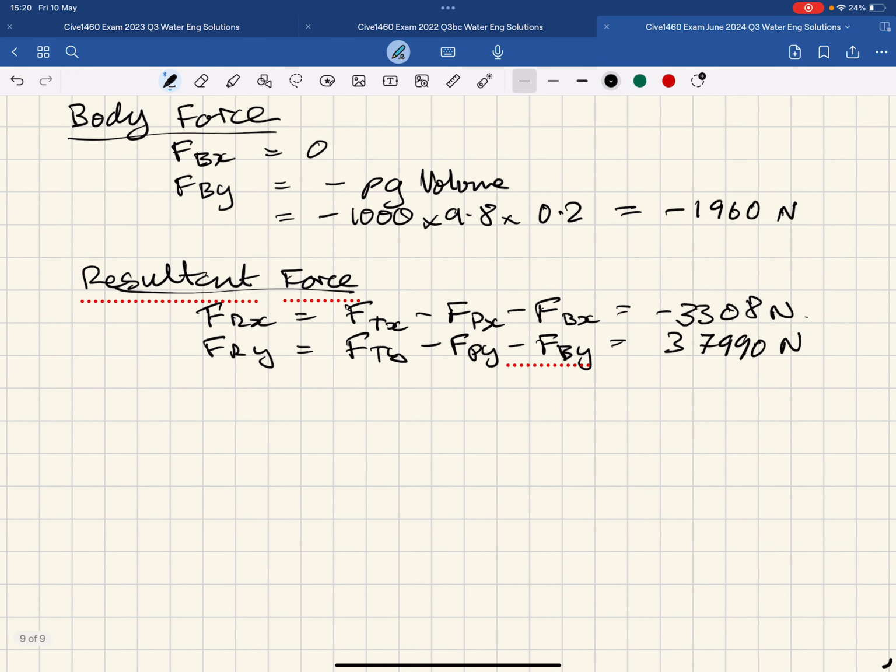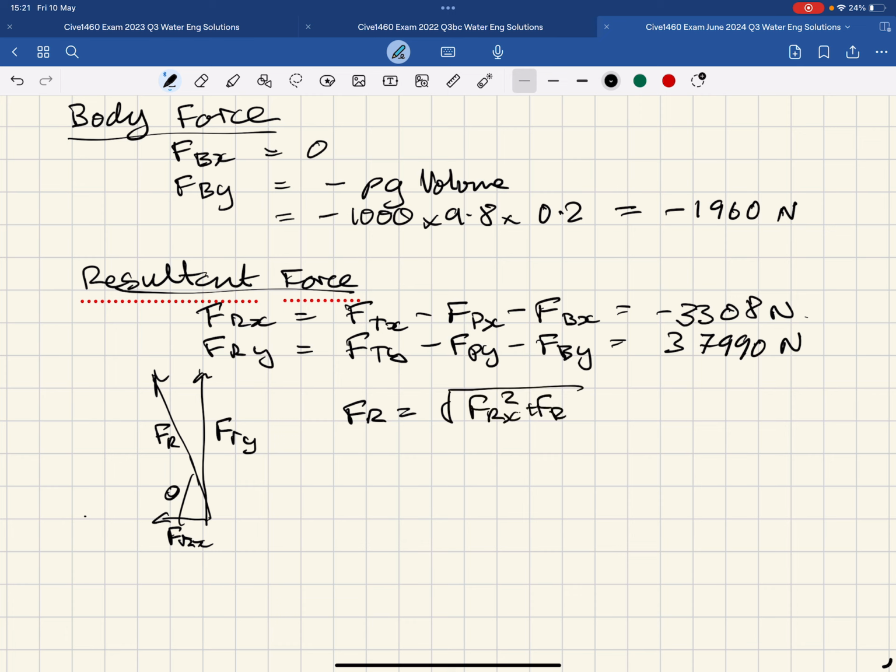We could draw our vector diagram here. In the x direction we've got negative, and in the y direction, well, considerably larger. Let's get this looking about similar size. So our resultant force, Fry, Frx, Fr is in that direction. If we call that theta, we can work out Fr is equal to the square root of Frx squared plus Fry squared.